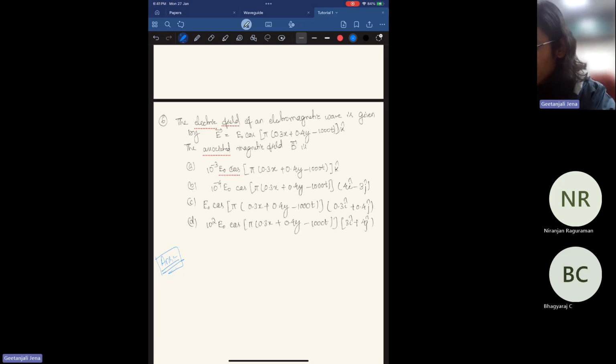Next question is also kind of same as, I think, question number 2. So it is given the electric field of an electromagnetic wave.